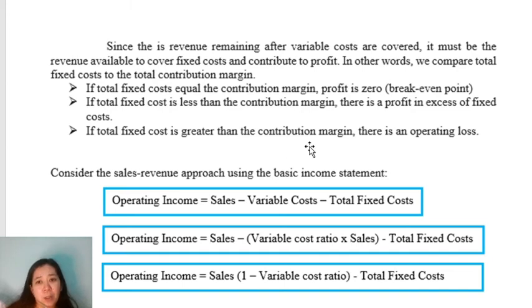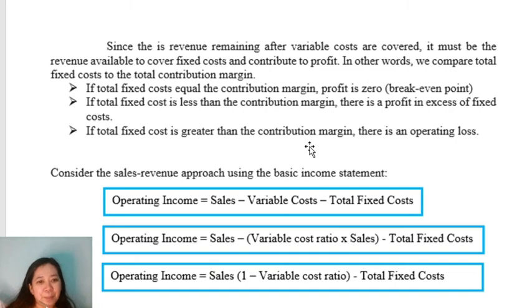In other words, we will compare the total fixed cost to the total contribution margin. Again, this discussion is related to the income statement based on the contribution margin approach that we have presented earlier. If the total fixed cost is equal to the contribution margin, meaning the profit is equal to 0, we are at the break-even point.